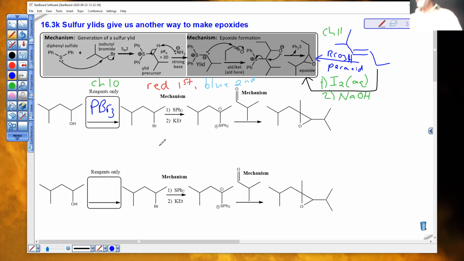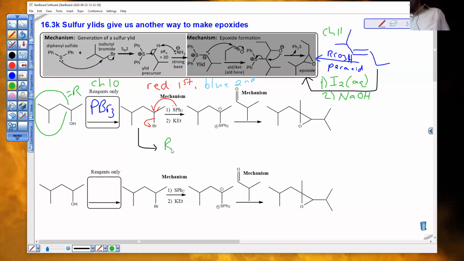Leaving group leaves. Lone pair. Backside attack. Leaving group leaves. Get your precursor. We'll circle this as an R group. Well, I'm giving the answer on the first one. I think you got the blank as the second one.